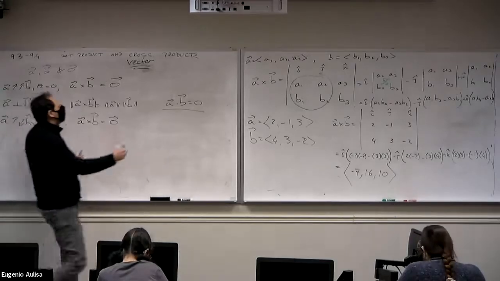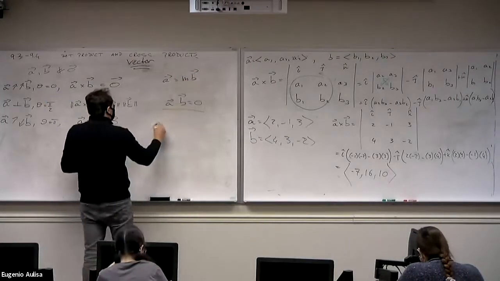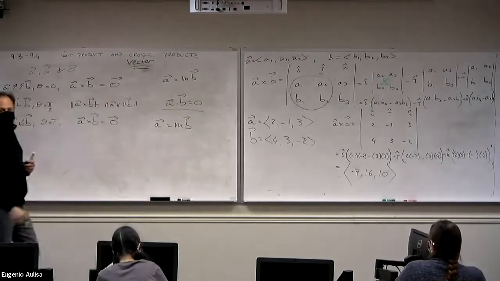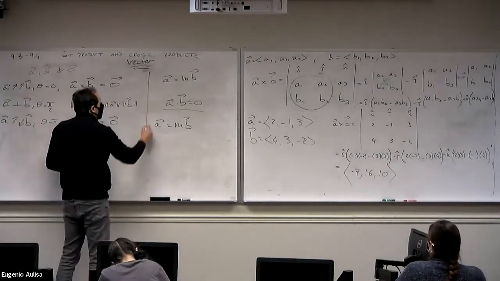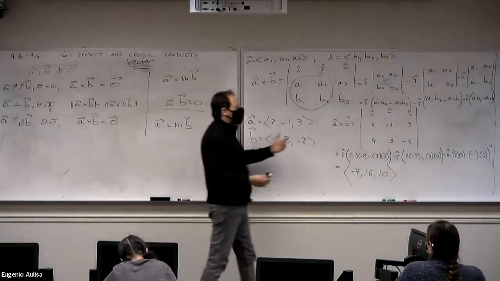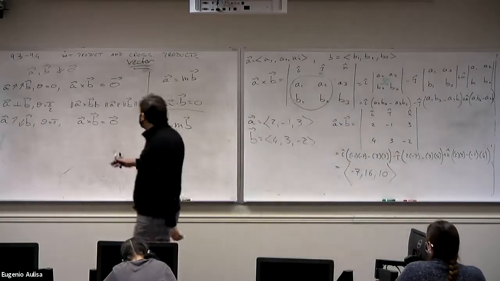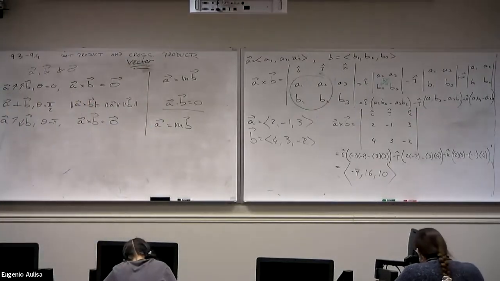And I prefer this test to check if the two vectors are parallel or antiparallel. So don't use this, because evaluating the cross product requires some work and sometimes some algebraic mistakes. These tests are much simpler. Okay, but this property holds.